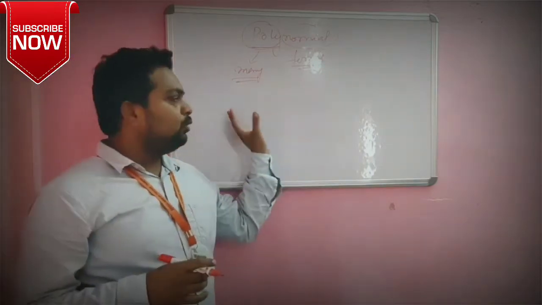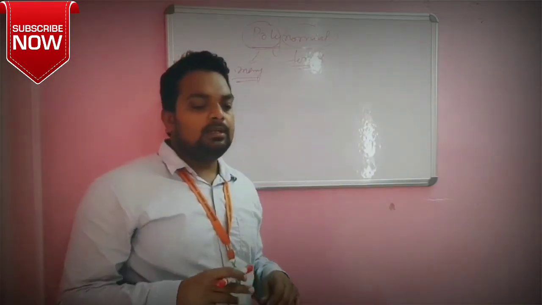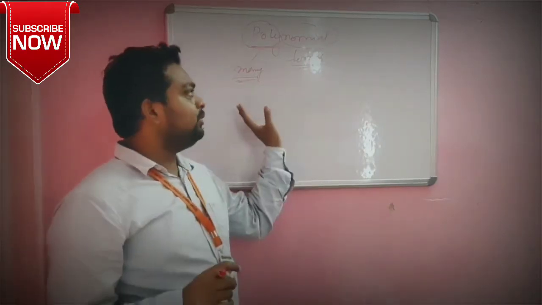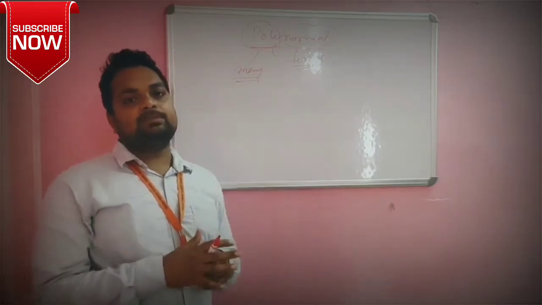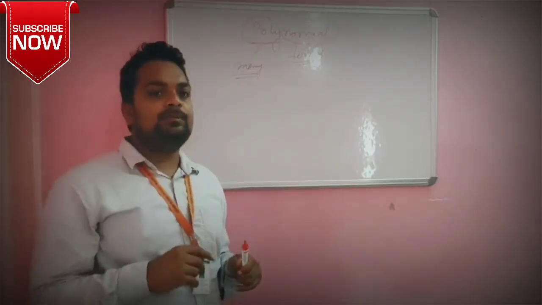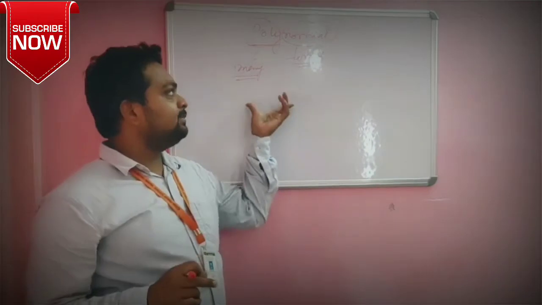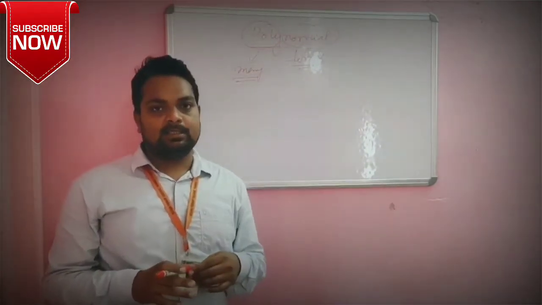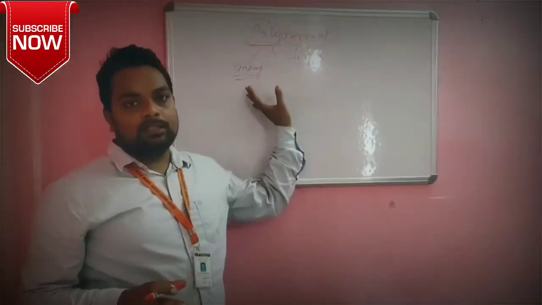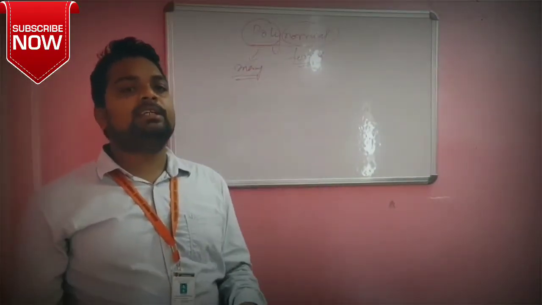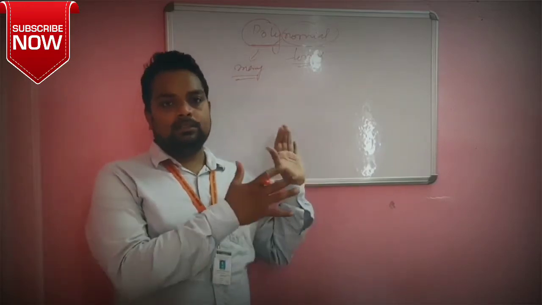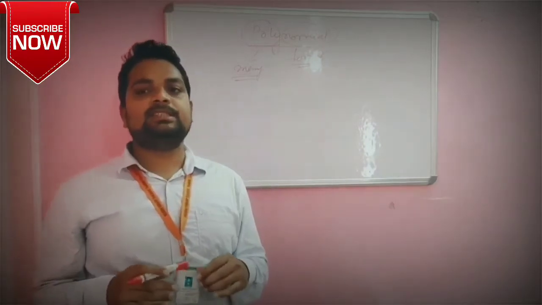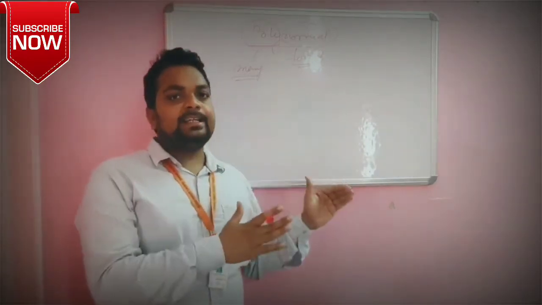Okay, and we have different types of polynomial. Before telling about the polynomial, I would like to tell you something about the origin of the polynomial. That is, algebraic expression can be divided into different aspects. The first aspect is on the basis of the number of terms that the algebraic expression has. On the basis of the number of terms, we can classify the polynomial in different kinds, and algebraic expression can also be classified on the basis of the degree of the polynomial.